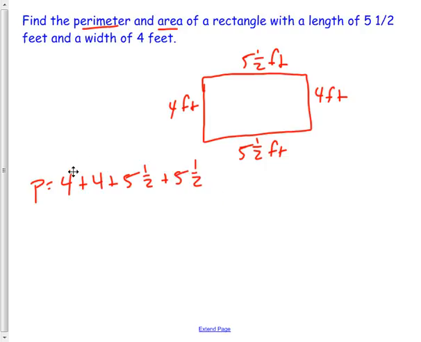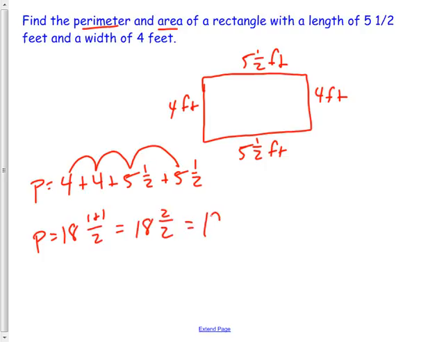So let's, we have a common denominator, so let's just add all of our whole numbers. So 5 and 5 make 10, plus 4 and 4 is 8, so we have 18. And I would have 1/2 plus 1/2, which is 2 over 2, which is 1, so 19 feet. So that is my perimeter.